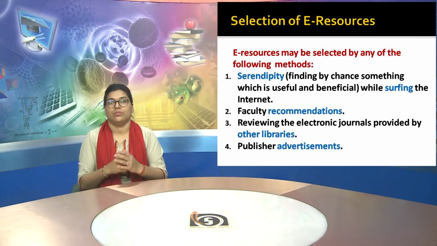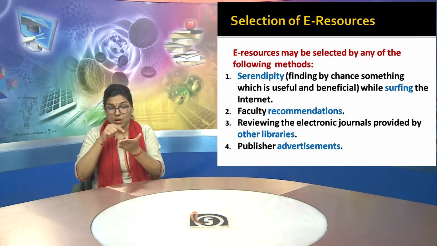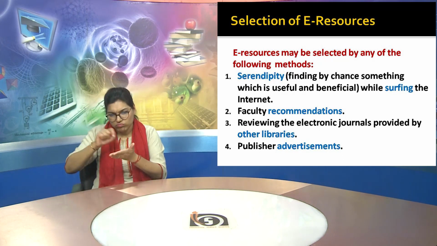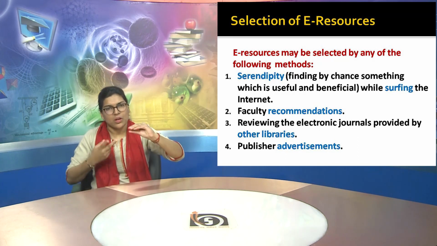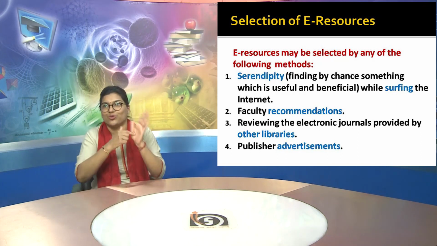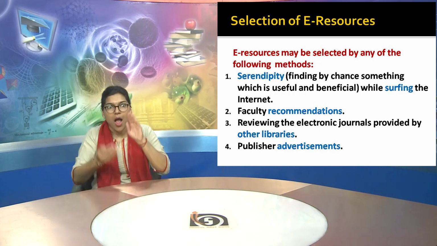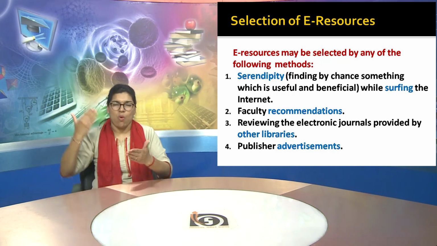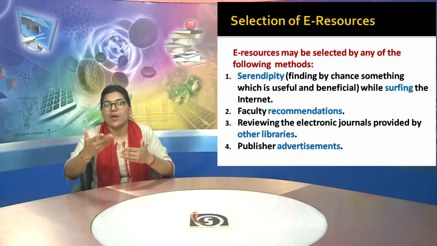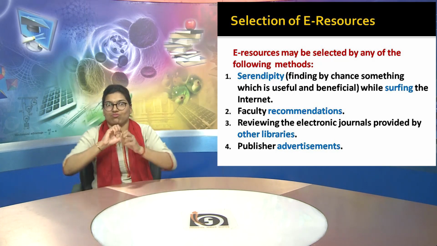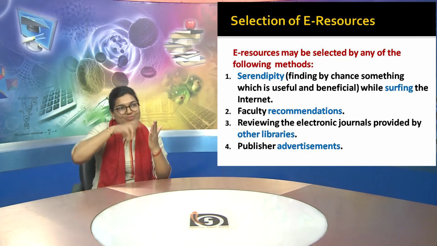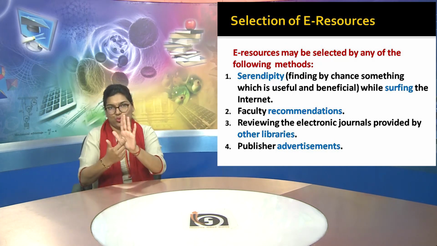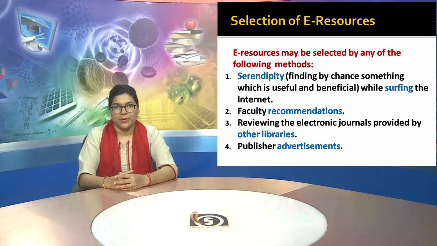And then the fourth method is publishers' advertisements. So the publishers also advertise their own content or their publications. So that is also another method of selection. If there is any new publication, then one can go through that content.